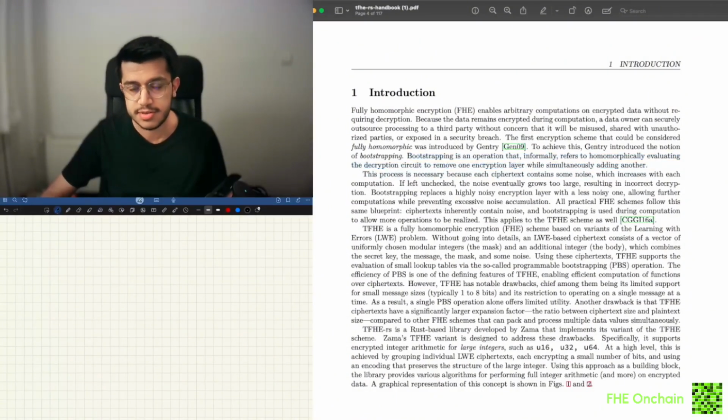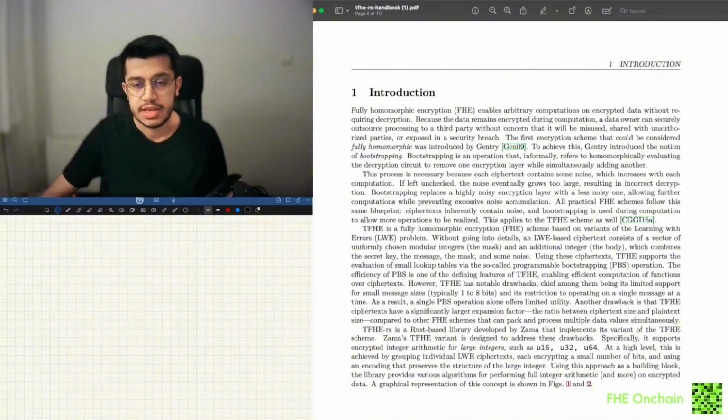Bootstrapping is an operation that informally refers to homomorphically evaluating the decryption circuit to remove one encryption layer while simultaneously adding another. This is one of the most crucial ideas behind the bootstrapping within the TFHE scheme.